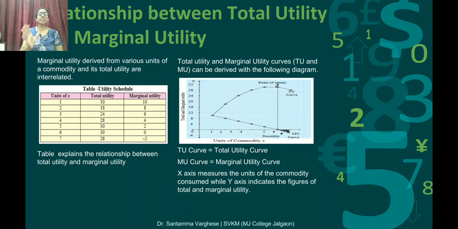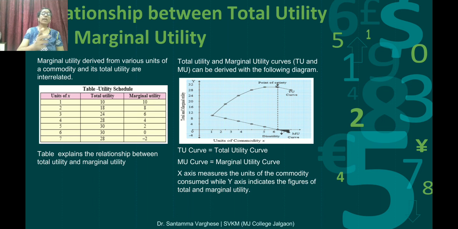There are 6 types. Then we studied the concept of utility. There are 2 concepts of utility: total utility and marginal utility. Then we studied the definition and how we calculate it.